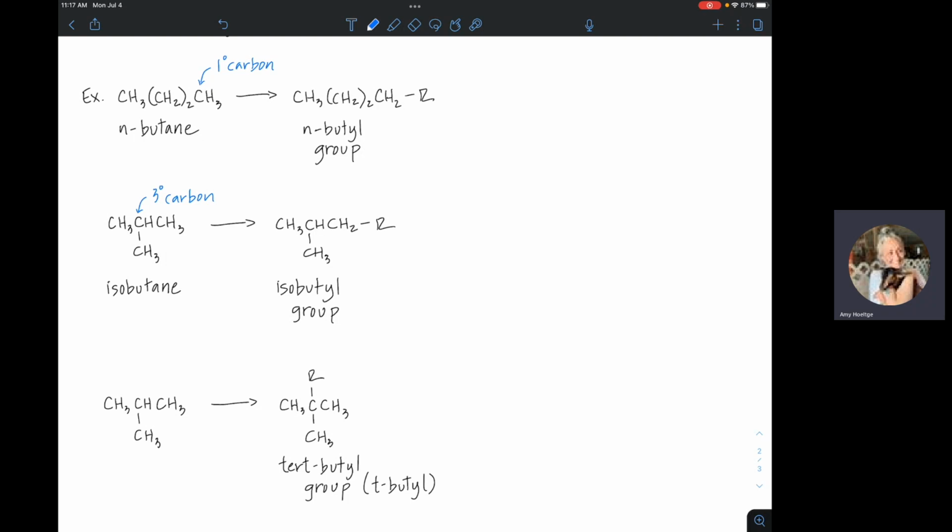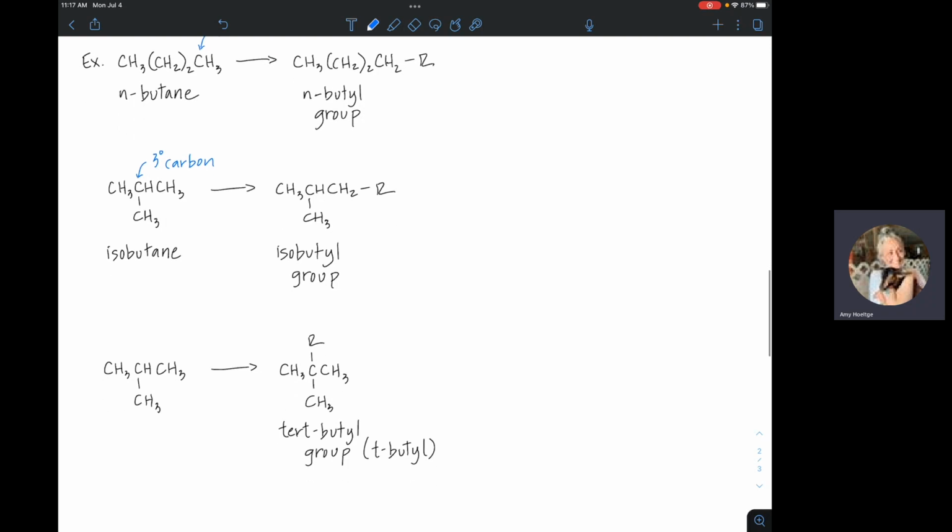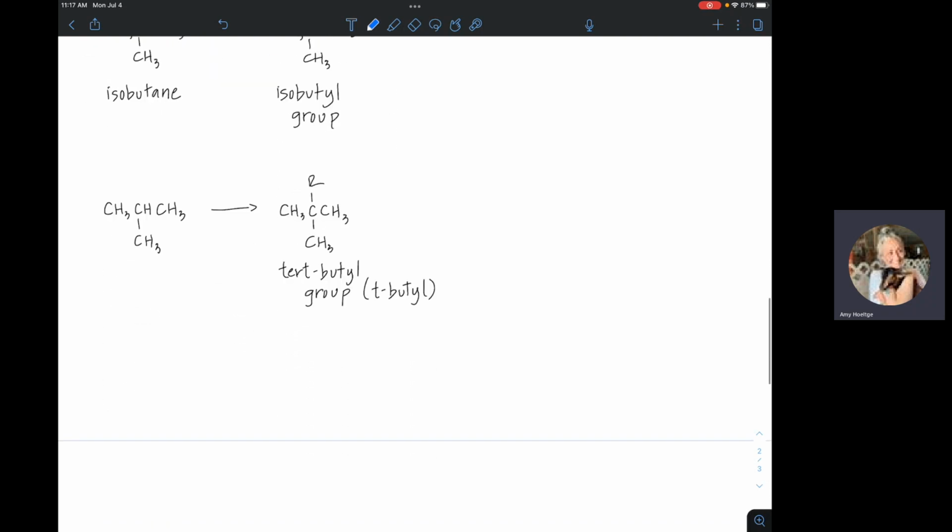So we have a primary carbon there, we have a tertiary carbon. As we move through the other functional groups, specifically with alcohols, when we classify alcohols, I will remind you, there's a primary carbon, there's a secondary carbon, and there's a tertiary carbon. What I'm talking about is how many R groups are attached to that carbon. Or you could view it from the flip side: how many groups that are not R groups are bonded to the carbon?